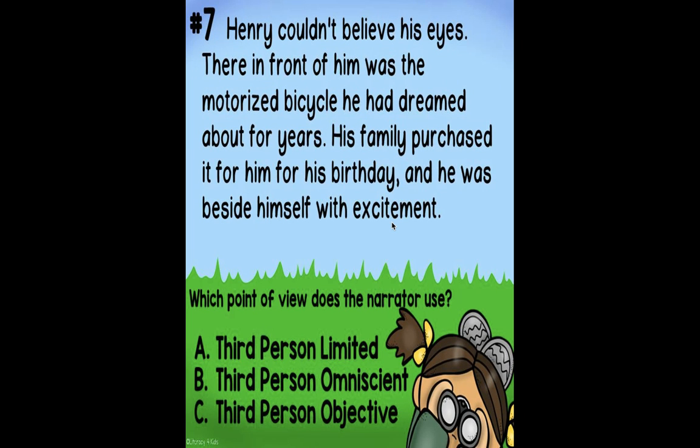Henry couldn't believe his eyes. There in front of him was the motorized bicycle he had dreamed about for years. His family purchased it for him for his birthday, and he was beside himself with excitement. So, which one is this? Let's think about it. It's not me telling the story directly.